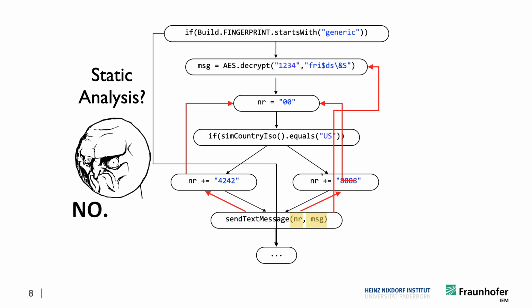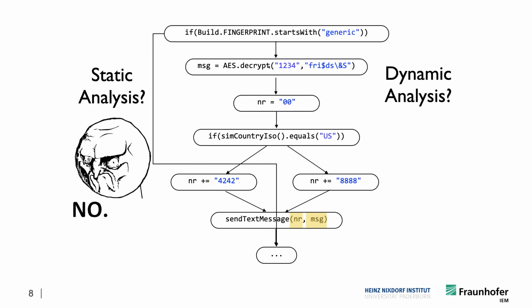For the number here, it might still be doable, right? That's a simple string concatenation, and many static analyzers model this already. But at the latest up here, it's not really what you want to do. So you can think about using dynamic analysis, and here I'm talking about a purely dynamic analysis, okay?